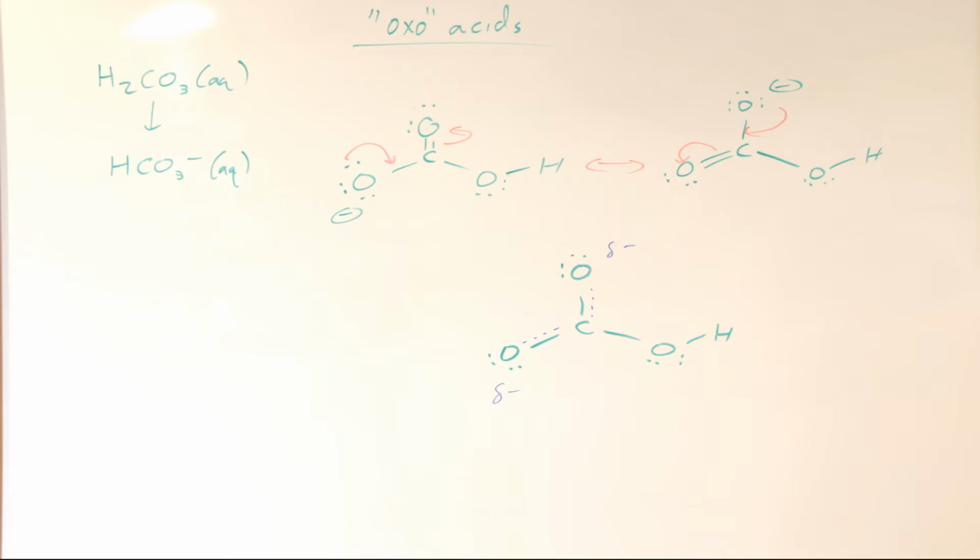But this is a case where I want to talk a little bit about that second deprotonation, because it's an easier one to draw than some of the others. And that is what happens if you take the bicarbonate ion, the hydrogen carbonate ion, as an acid and remove that second hydrogen. Well, look at what occurs here. And this is why that second one and the third one for triprotic acids is so much less favorable.